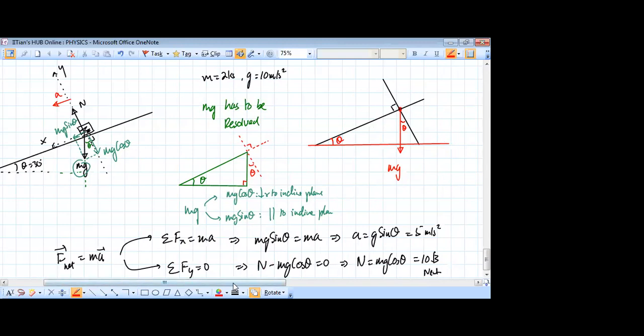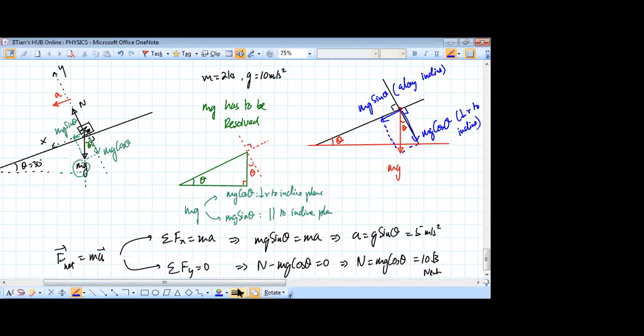So the components of mg become mg cos theta, perpendicular to the inclined plane, and mg sin theta along the inclined plane.